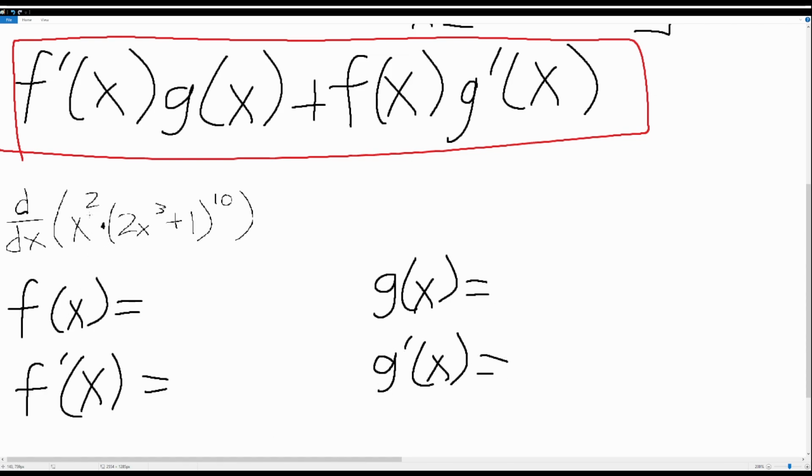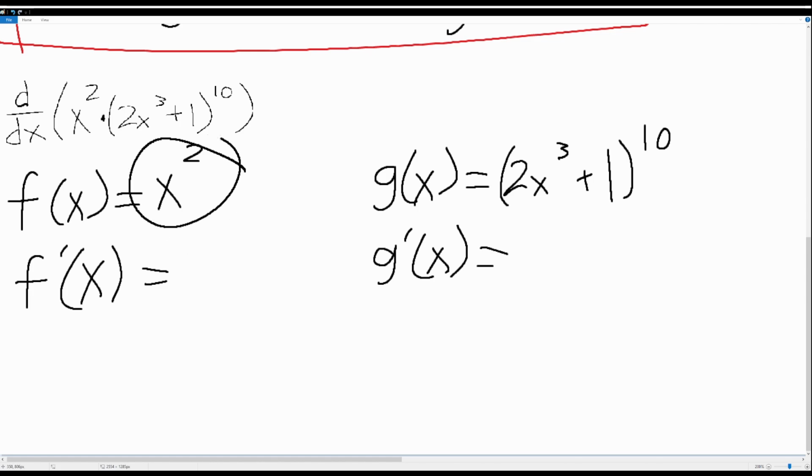So our f of x is x squared. Our g of x is parentheses 2x cubed plus 1, to the 10th power. Pretty simple.